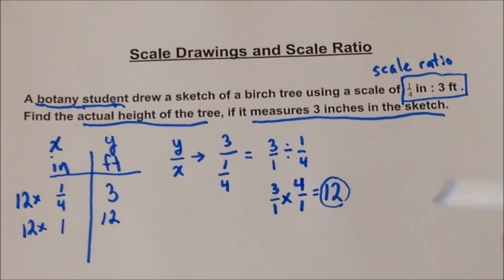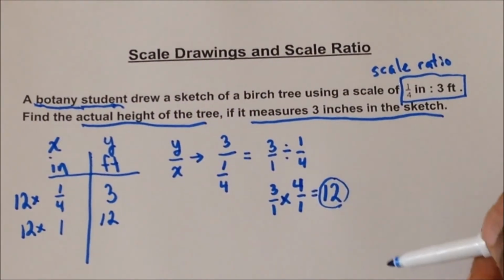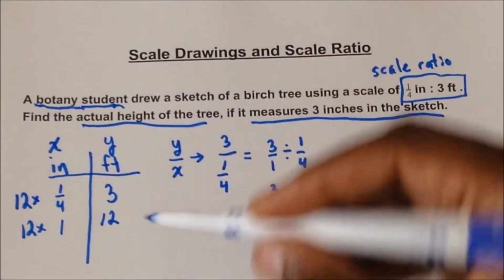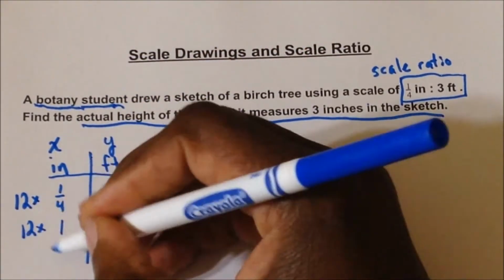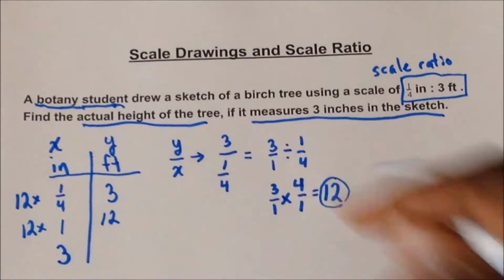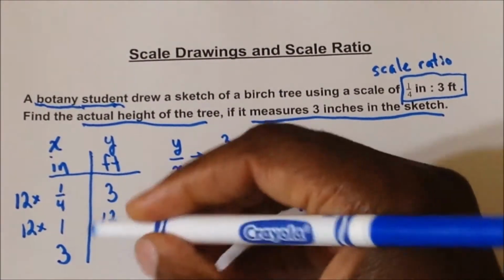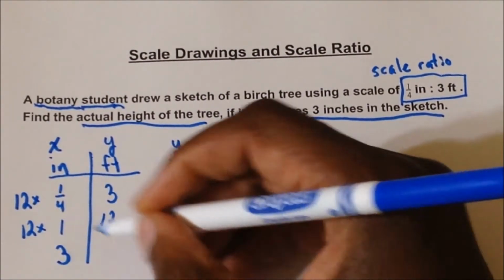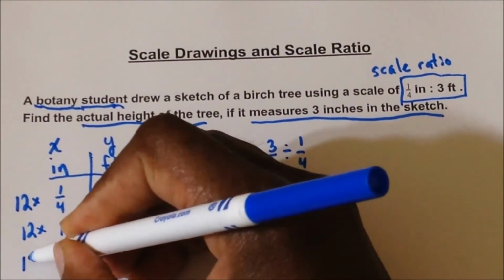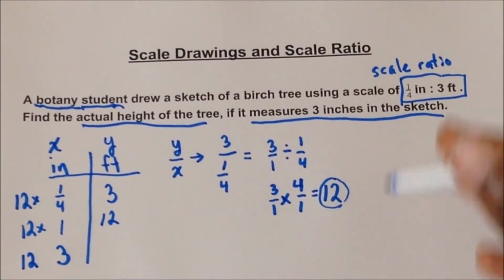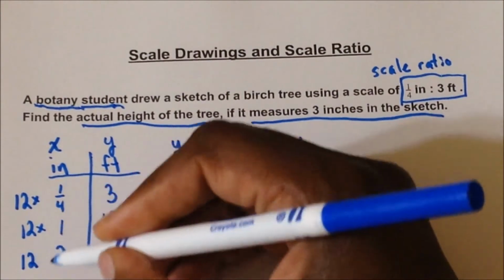So now we can take the information here: find the actual height of the tree if it measures 3 inches in the sketch. It's 3 inches in the sketch, and I want to find the height of the tree. We know that the constant of proportionality, or the scale ratio, is 12.